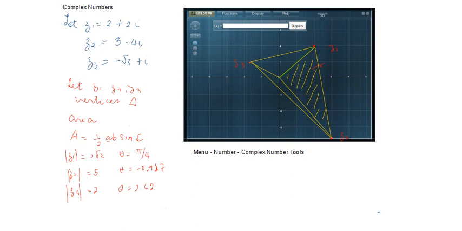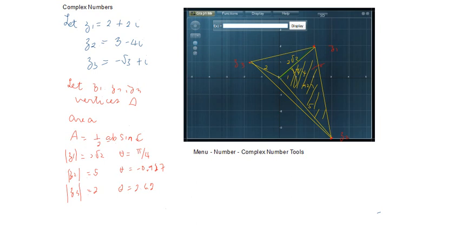So this is 2 square root of 2, this is 5, and this is 2, and this one is pi over 4, and this one is 0.927. We're not going to add positive and negative because we're taking the sum of these two. So we're dealing with how much is that angle. We're combining them together.